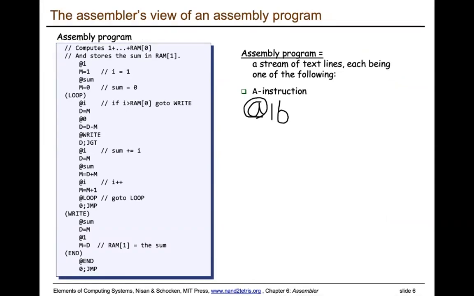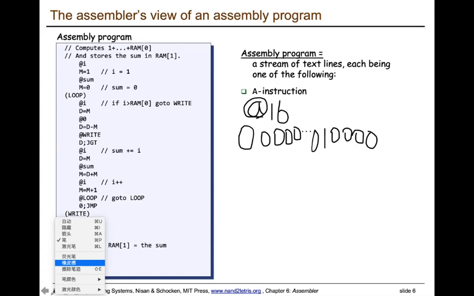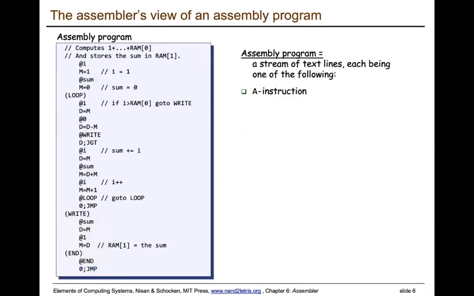The leading bit will be 0 because it's an A instruction, and then 16 converts to binary: 1, 2, 4, 8, 16. Then you put it into 16 bits. I will not write too much. Totally 16 bits. This is for the A instruction, and it is quite easy.